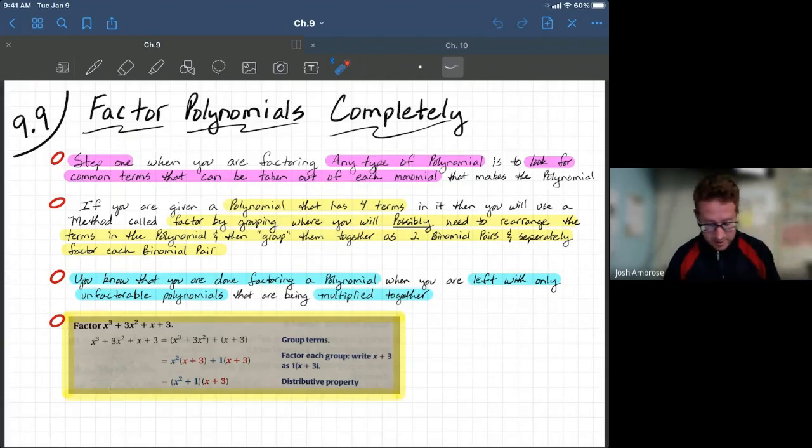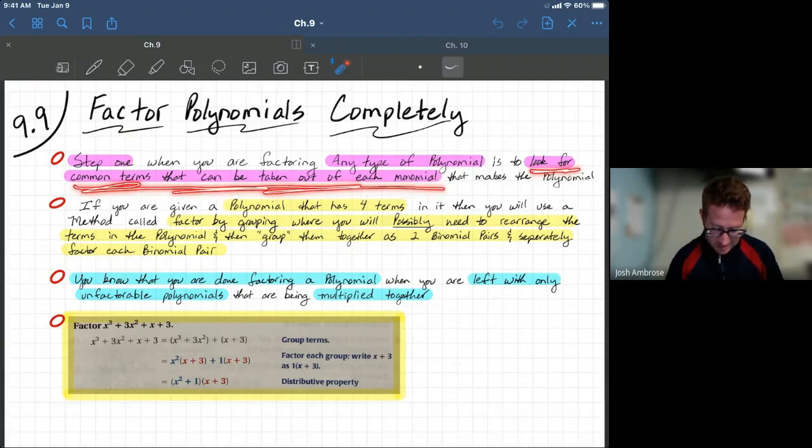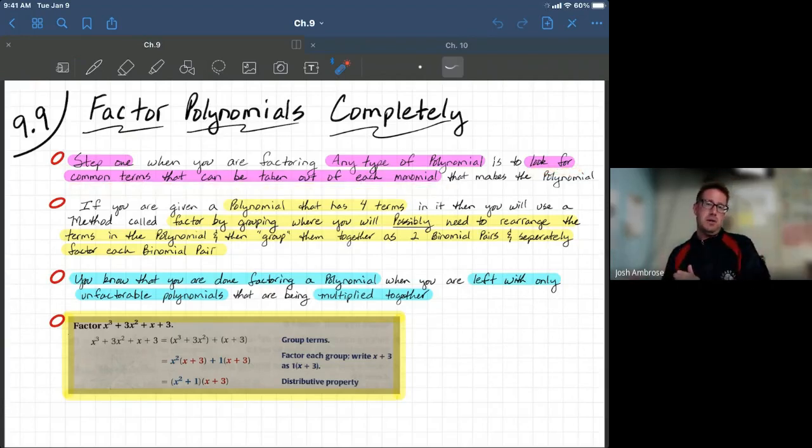But step 1, no matter what the polynomial looks like, you may have 2 terms, 3 terms, 4 terms, you always look for common terms that can be taken out of each part. All right, each part being a monomial. Look for something that would be a common number or a common variable that can be factored out. And you're going to see us do that a few times in these example problems.